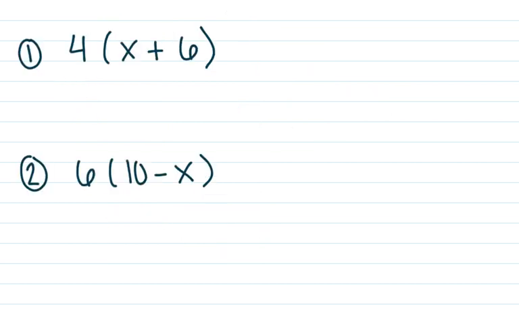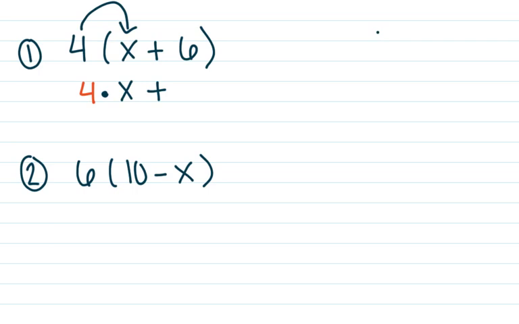Now, when we're talking about numbers, like what we have here on number 1 and number 2, that distributing happens through multiplication. So when I go to distribute the 4 to the x, I'm actually taking 4 and multiplying it times the x.